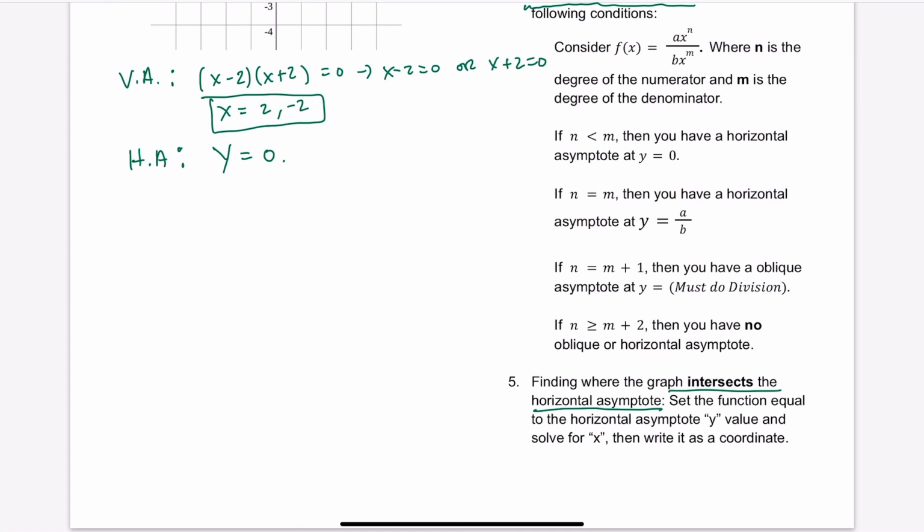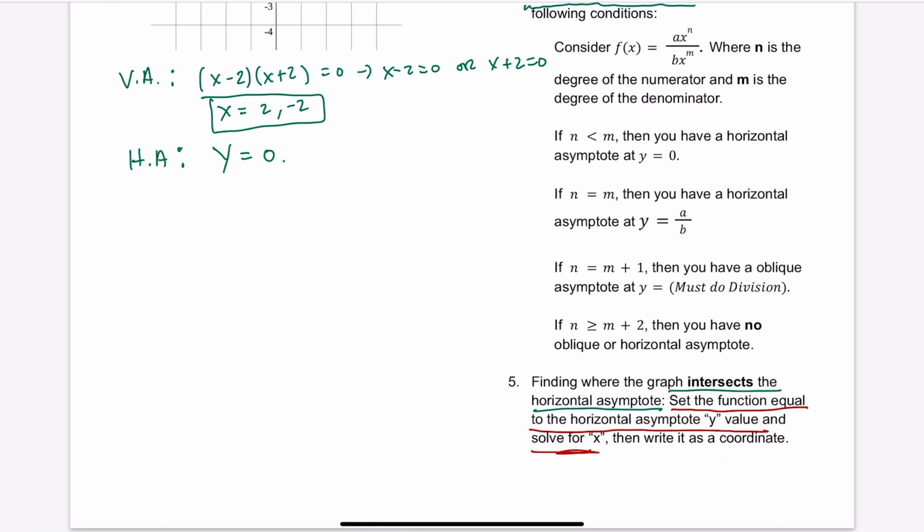The purpose of this first run is to read the instructions and then follow them to the T. So set the function equal to the horizontal asymptote y and solve for x, okay? And then write as a coordinate.